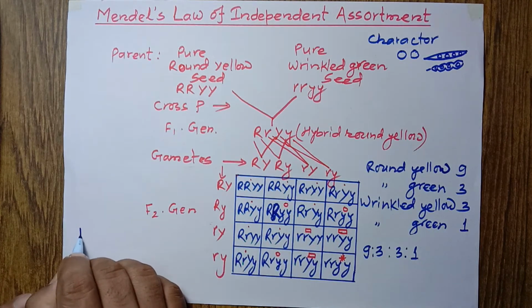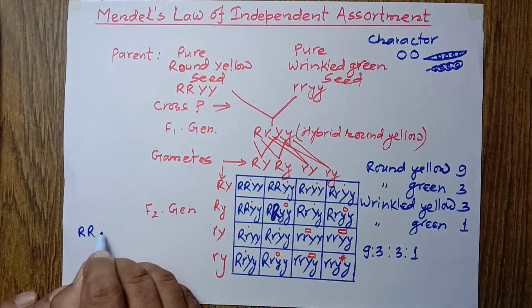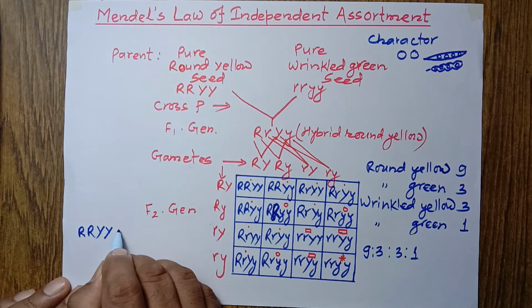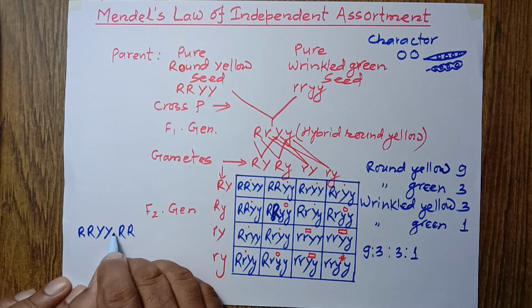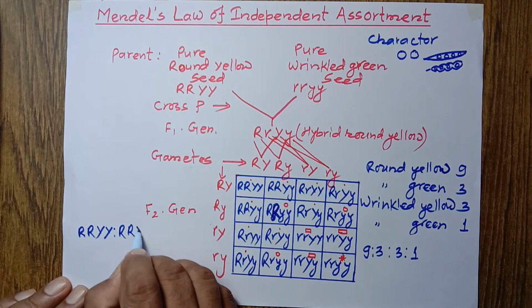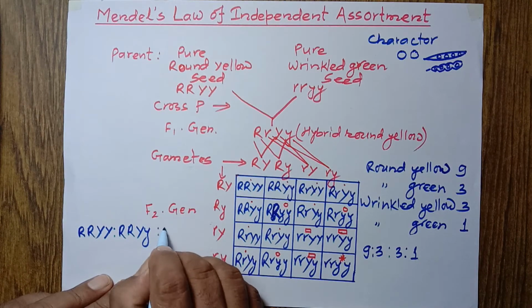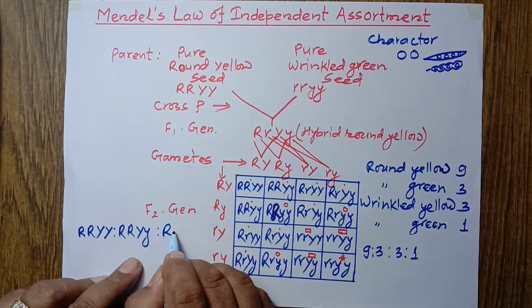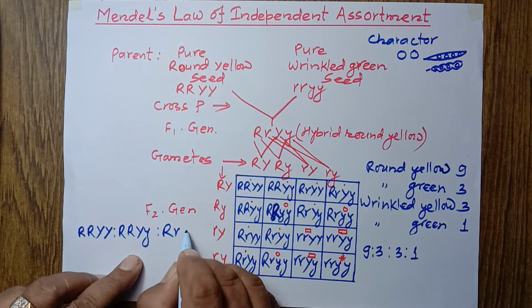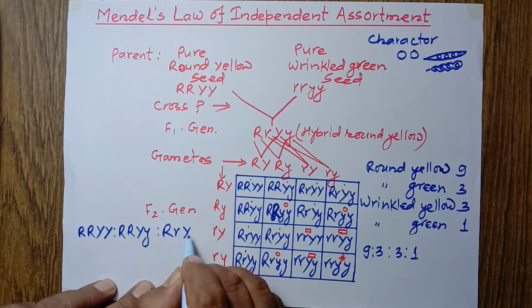Round yellow might have this type of gene, both R capital and both Y capital, or round yellow may be like this, both R capital, but one of the Y is capital and another is small, or maybe round yellow may be capital R and small r, and both the Y are capital.